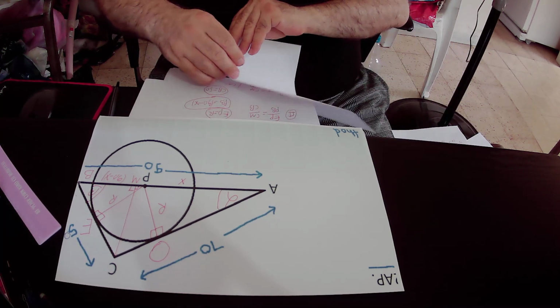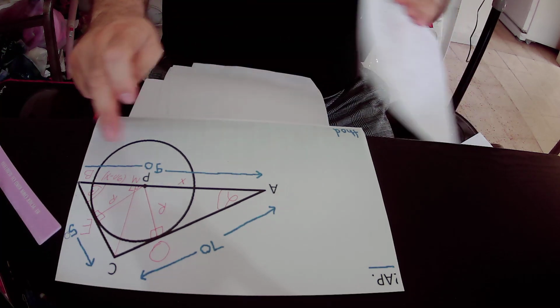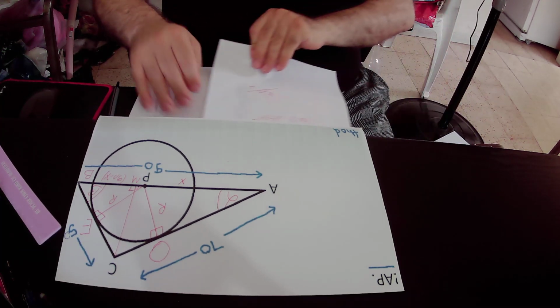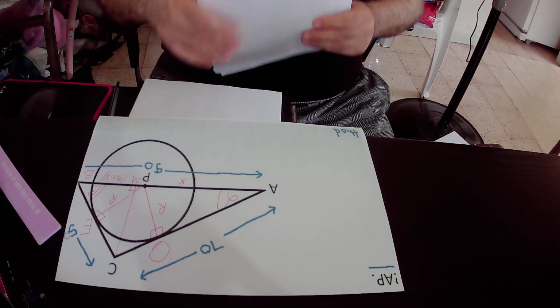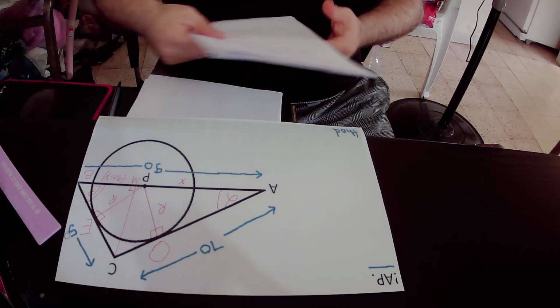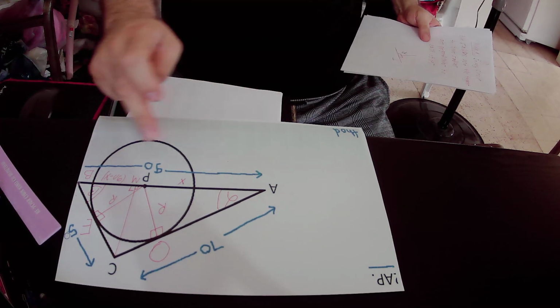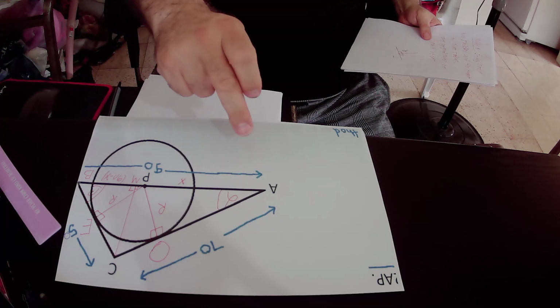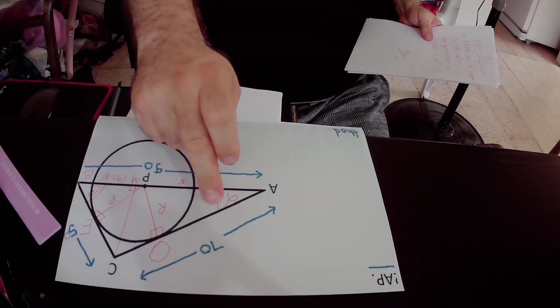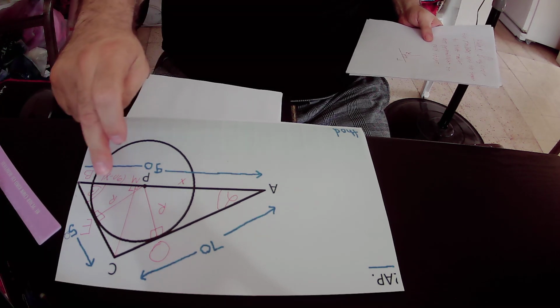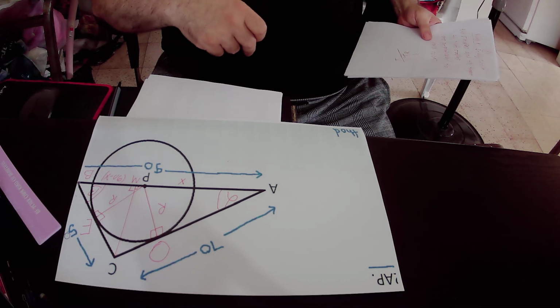We have a triangle ABC, and side AB of the triangle ABC equals 90 units, side AC equals 70 units, and side CB equals 50 units.